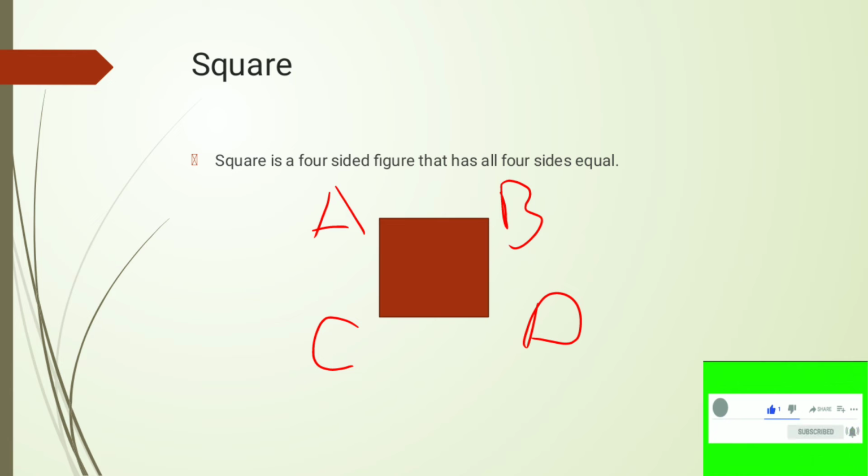I assume it as 4 centimeters. Suppose CD is 4 centimeters, then DB will also be 4 centimeters, BA will also be 4 centimeters, and AC will also be 4 centimeters.